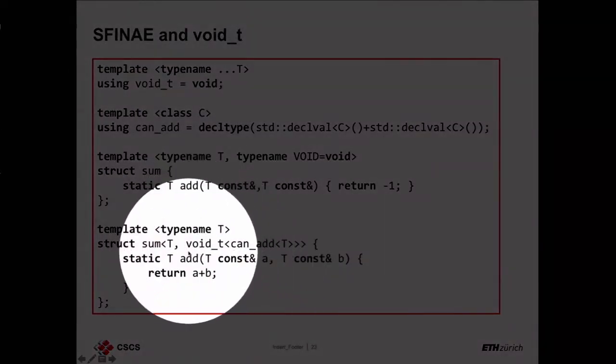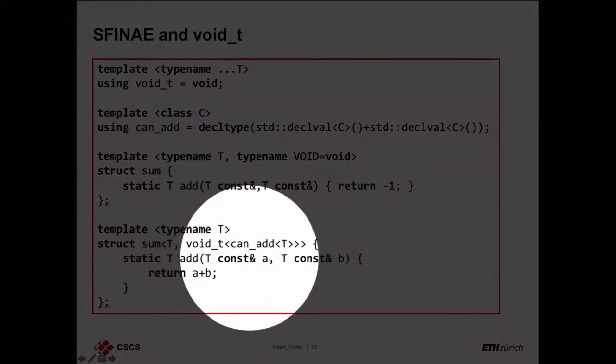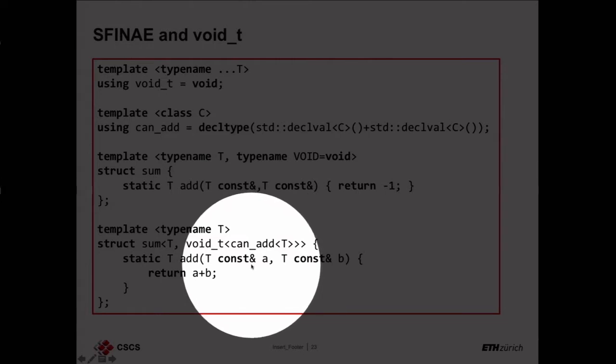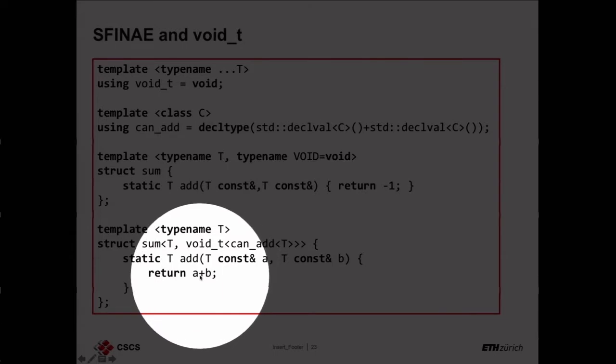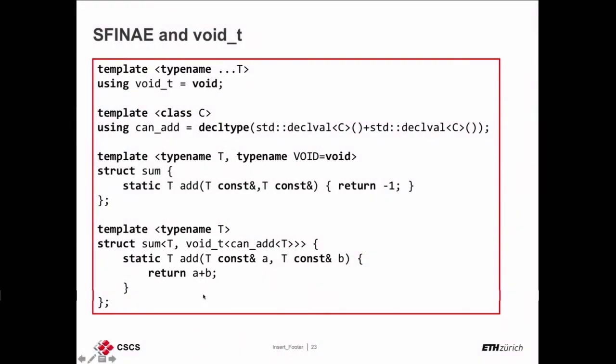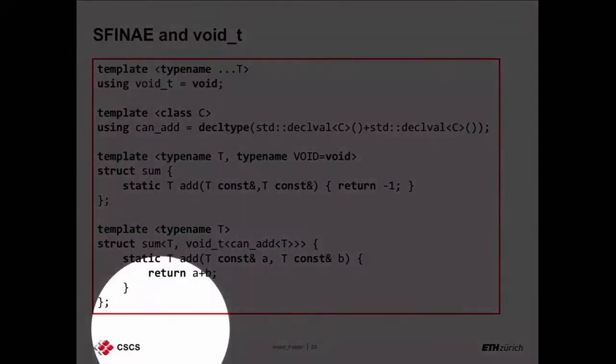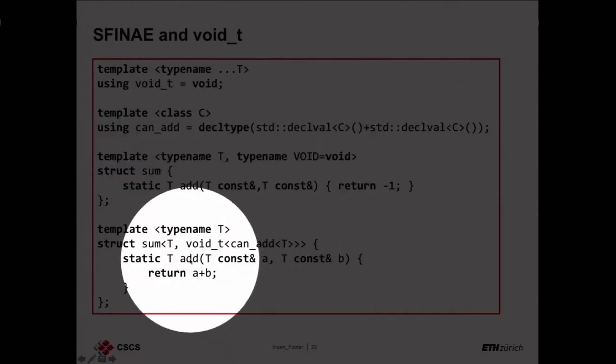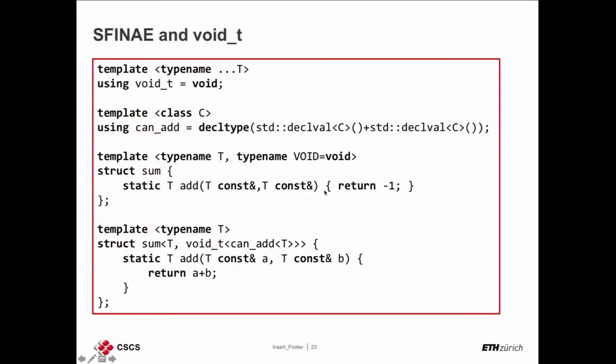But if the can_add exists, so if can_add is not an error when you substitute the type, so if the plus exists and returns something valid, then I return A plus B. So I can do the add only if the add exists. And this is again a silly example, but it shows you that at compile time, you can know if something can be done or not. You don't have to wait till late, and you can say if the plus operator exists, then use it, otherwise don't do anything.